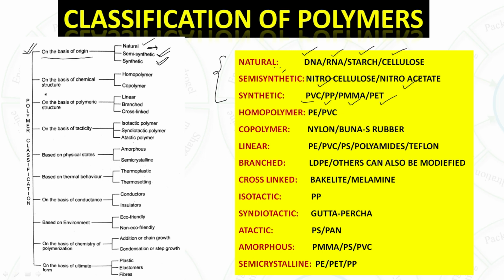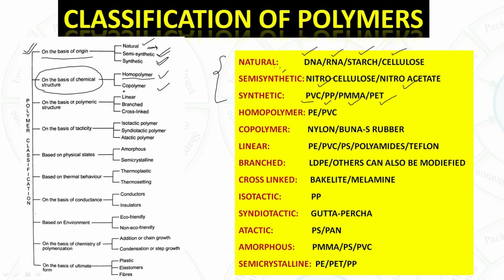Then there comes the second kind of classification, based on the chemical structure, right? Chemical structure means homopolymers and copolymers. In the upcoming classes I will explain the difference between the homopolymer and the copolymers in pretty much detail, right? Generally, homopolymers are those polymers whose backbone is made up of only one type of atom, generally carbon or silicon, you may say.